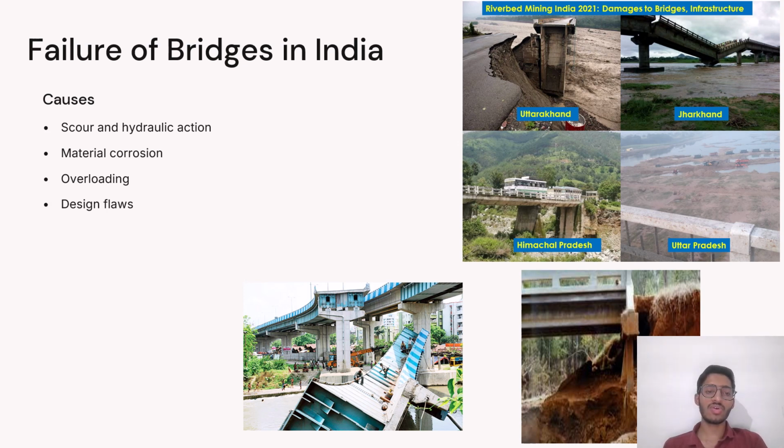Then next is the failure of bridges in India. Causes of failure of bridges in India. First is scour and hydraulic action. As you see in this figure, which is riverbed mining India 2021, these are images from the 2021 monsoon season. Here you can see the scouring of this part is done due to the high pressure of the water.